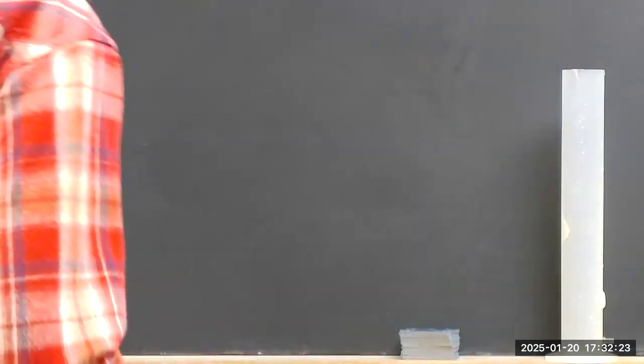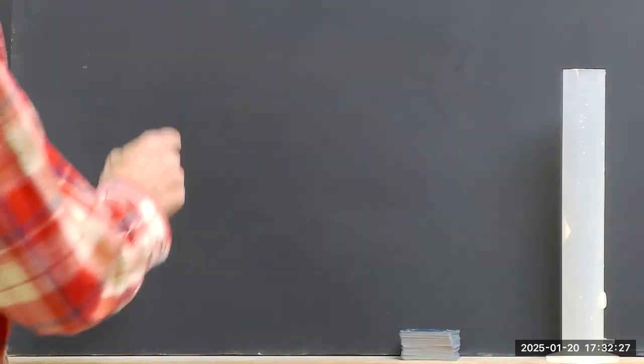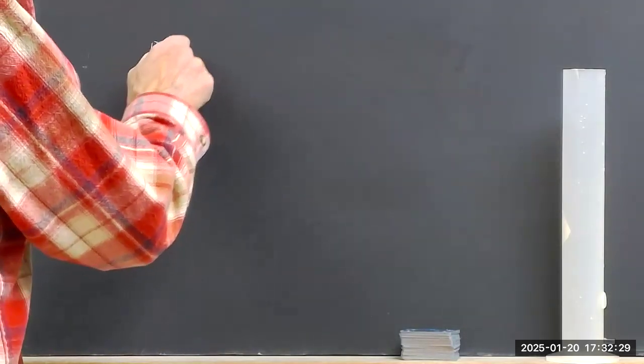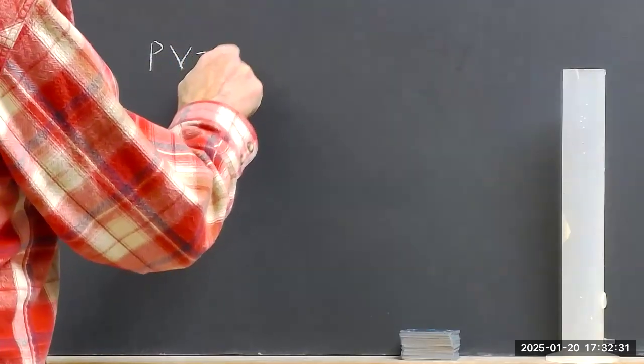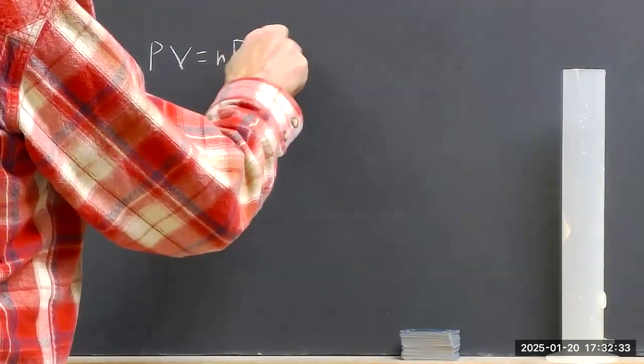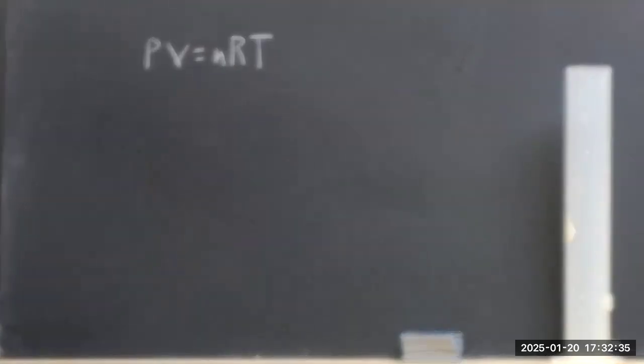Now, you have some problems that ask about similar situations, and the key is your friend PV equals nRT, which I sincerely hope, since I think everybody has had a chemistry course, that you're pretty well familiar with. Now, of course, you can't read that because the camera doesn't like to stay in focus, but let's, come on.